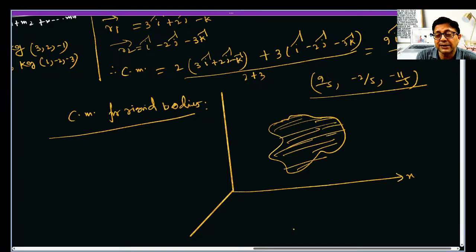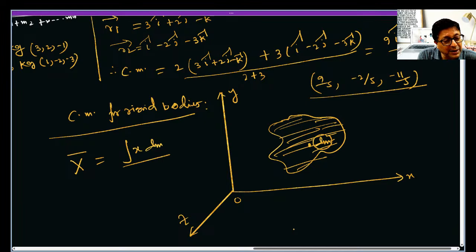You select an elemental portion of it, dm mass, and then find center of mass by this formula: x bar equal to integration x dm by total mass, y bar given by what?